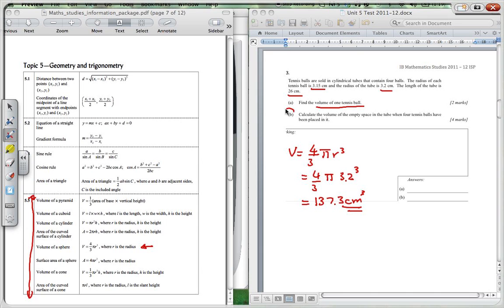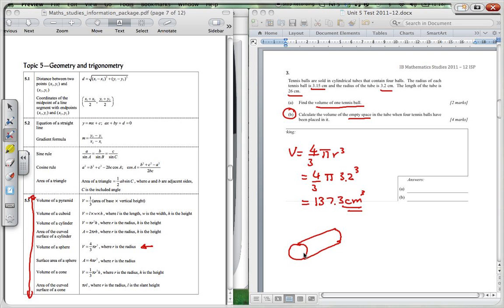It then says calculate the volume of the empty space in the tube when 4 tennis balls have been placed in it. So we really want the volume of the tube. If I just draw the tube like that, we want the volume of that, and then from that we will find the volume of 4 of the balls and then subtract it.